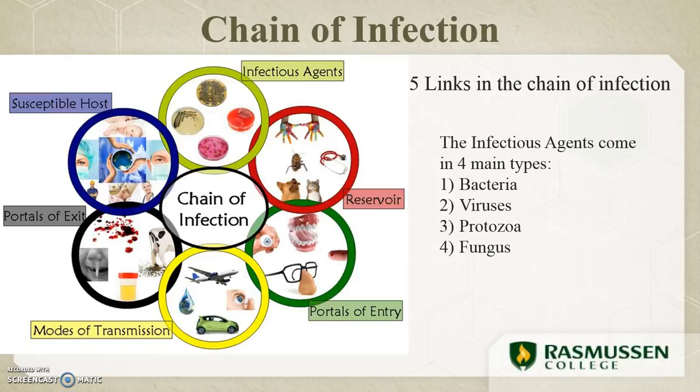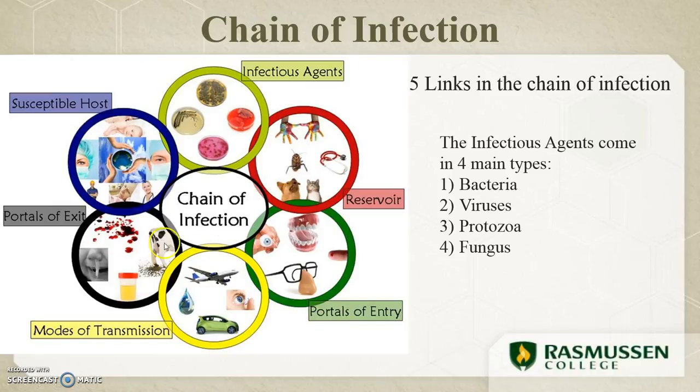The second is the portal of entry. This is when the microorganisms enter the body and get into the host, and this can be through any sort of open sores, open cuts, open wounds. It could be through sexual contact or blood contact, any of those things.